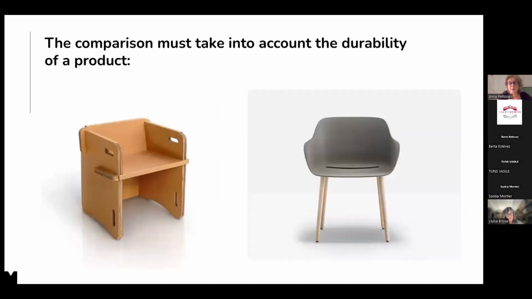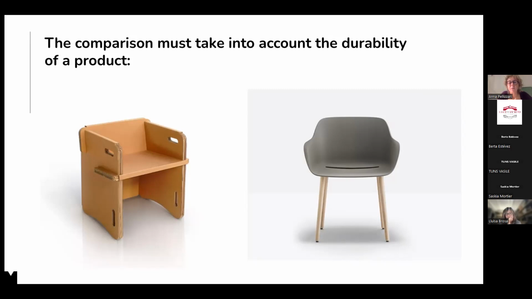Clearly, when it comes to calculating the impact of a product, one should also consider the durability. Of course, a cardboard chair, let alone the design, do not consider the design, made out of carton has a lower carbon footprint than a plastic chair.